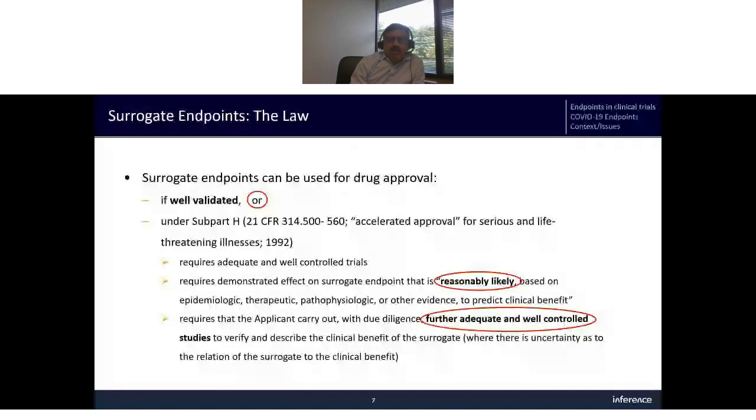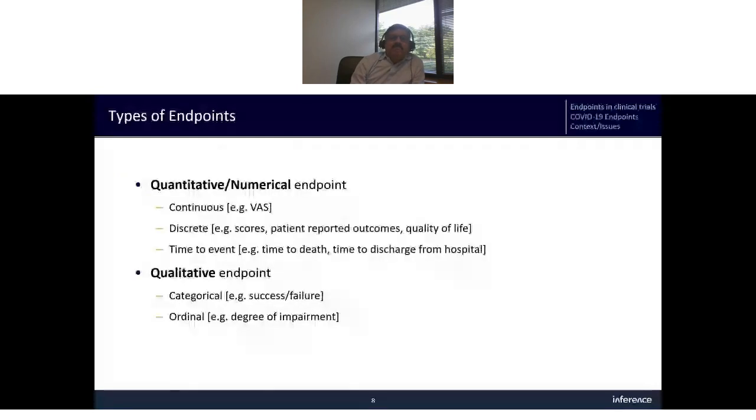In the COVID trial, we might be able to use something that is reasonably likely. Now, what is reasonably likely is not clear. That depends on the mechanism of the drug, how the drug works. Because as I said, usually reasonably likely means that it has to sit on the pathway of how the drug is supposed to work. And this might need some discussion with the agency, if a sponsor wants to use an endpoint that they think is reasonably likely, whether the agency would also feel that it is reasonably likely.